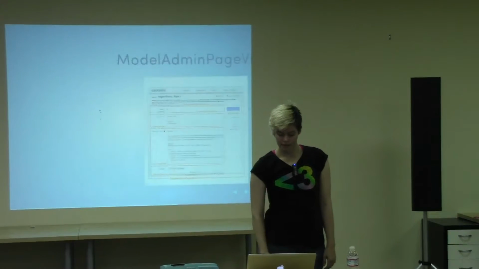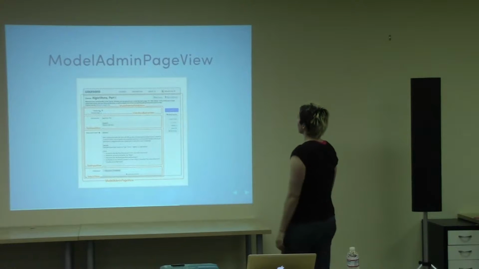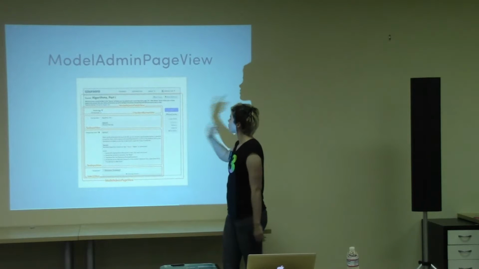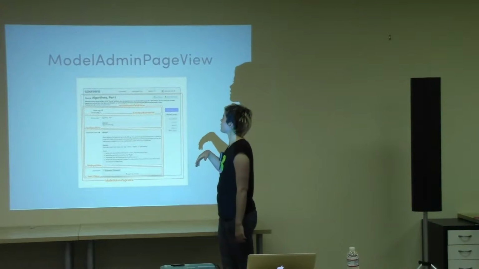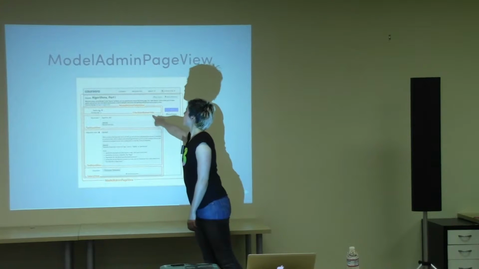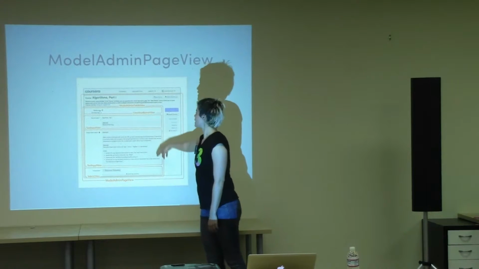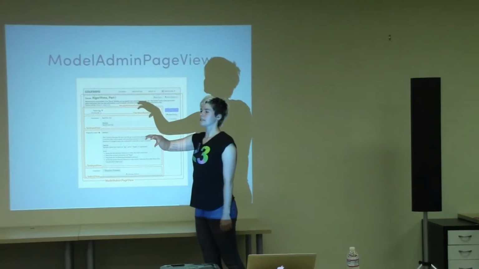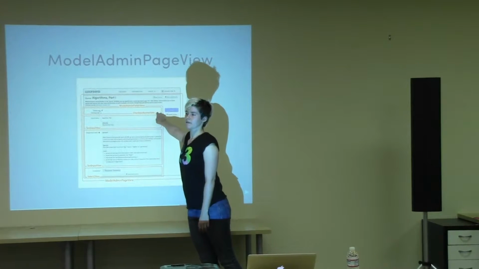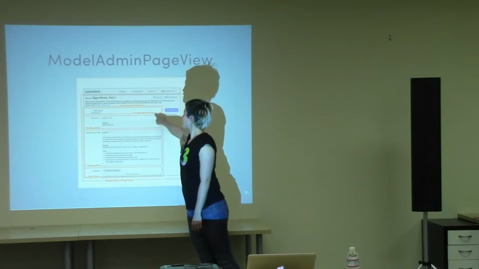Then in the views, this view right here is my model admin page view. This model admin page view will iterate through all of the properties in that field sets, and it'll use a different view for each of them. So these are all nested views. If it said type checkbox banner, I'm going to append a checkbox banner view and fill it in based off whatever the value of that model attribute is at that time.